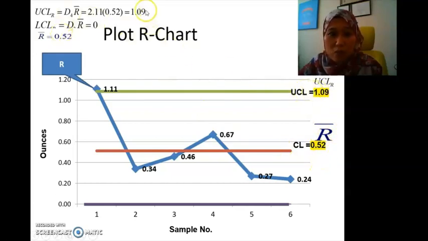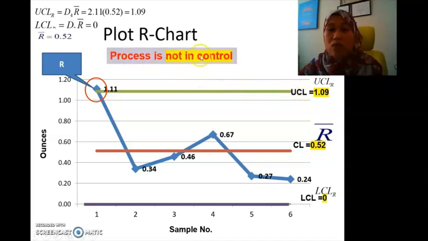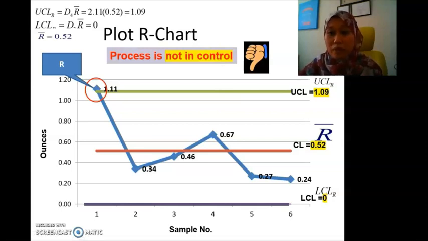The upper control limit is 1.09, and the lower control limit is set to 0. What can we conclude from here? Since one of the samples is above the upper control limit, we can say that the process is not in control, so it's not good. Something is wrong in the process, so we need to investigate and solve the problem, and make sure it won't go beyond that.